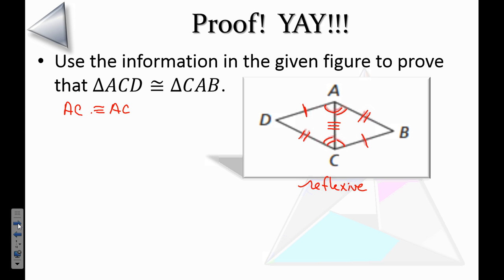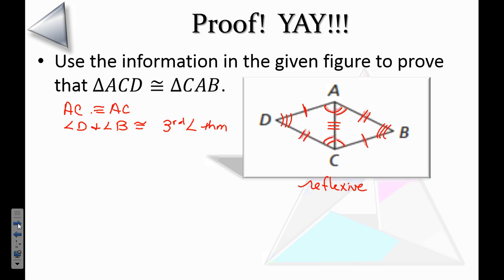Because of the restriction of 180 degrees, right? So could we simply say we have a third angle theorem that forces those 2 to be congruent? Angle D and angle B are congruent by the third angle theorem. So we'd be good.